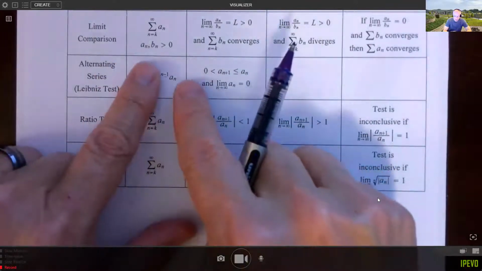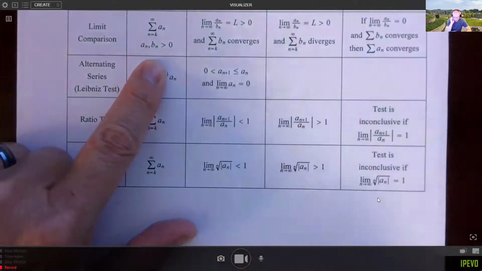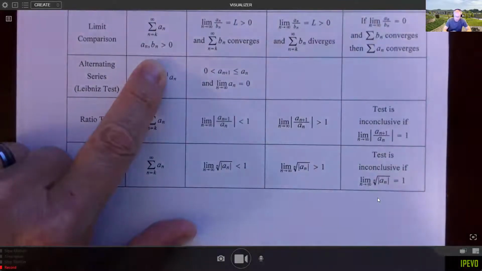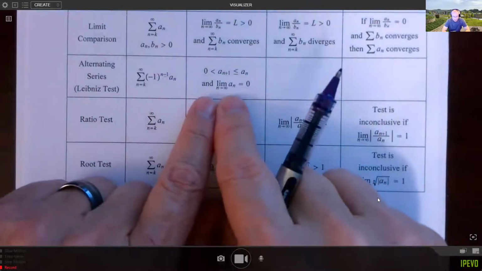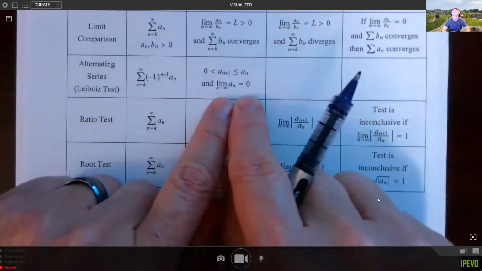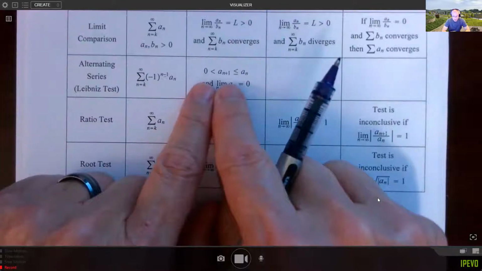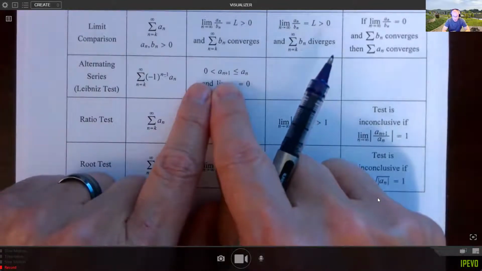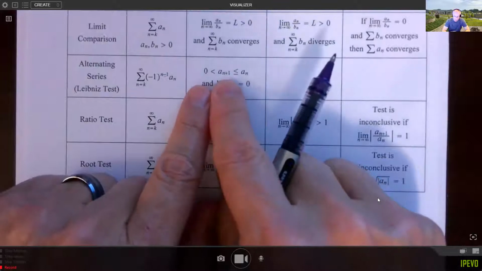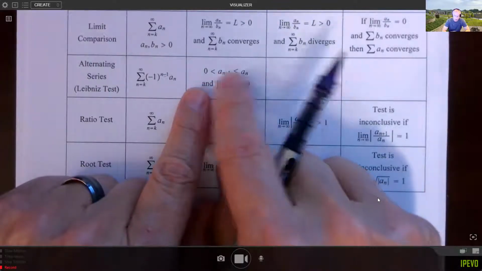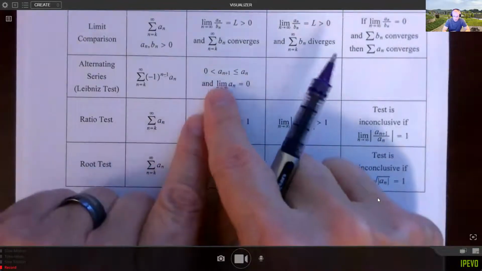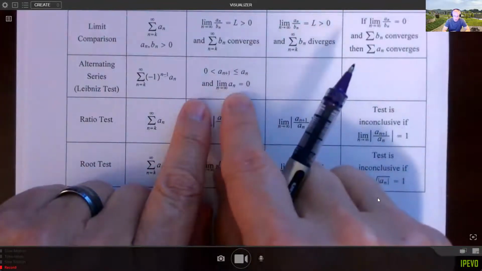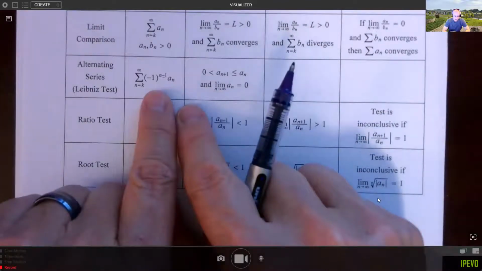But if we look at the absolute value of the terms, we get this a sub n. Now, if that a sub n is a sequence whose limit is zero, and the a sub n+1 term is less than or equal to the a sub n term, meaning the terms are getting smaller in value, and the a sub n's are all positive, as you can see here, then these two conditions, together with the fact that we have an alternating series, are a condition for convergence.